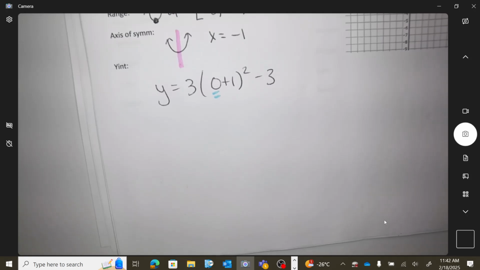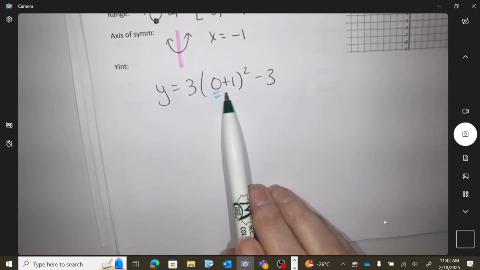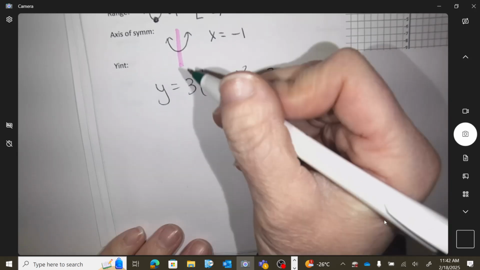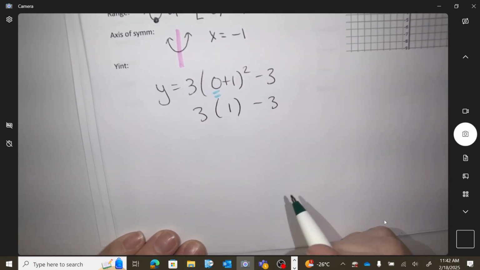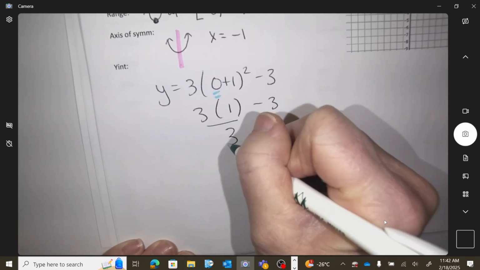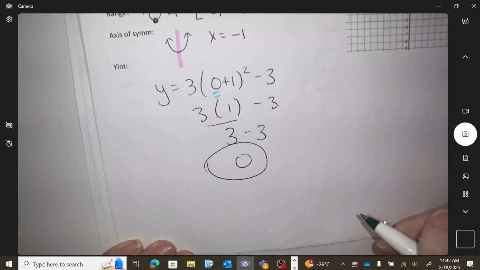So there's me making x 0. Brackets, 0 plus 1 is 1. Squared, 1 squared is 1. Multiply, 3 times 1. Subtract, and I actually got 0.